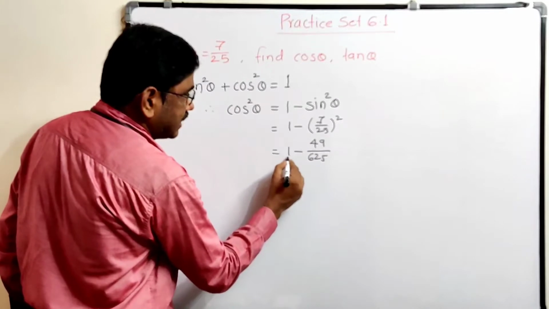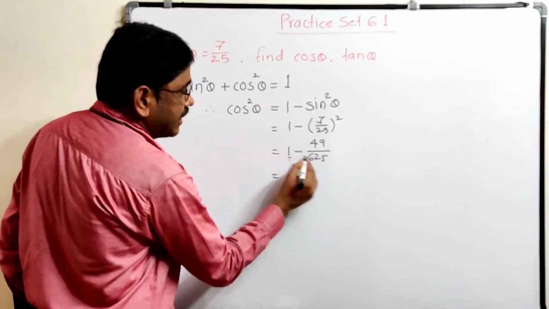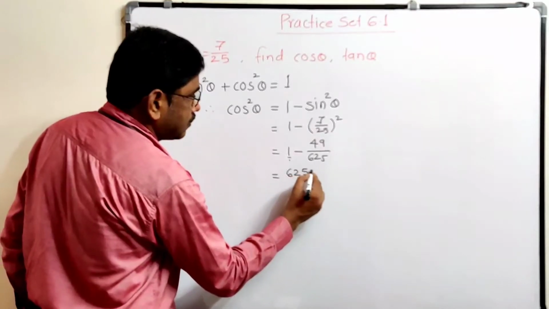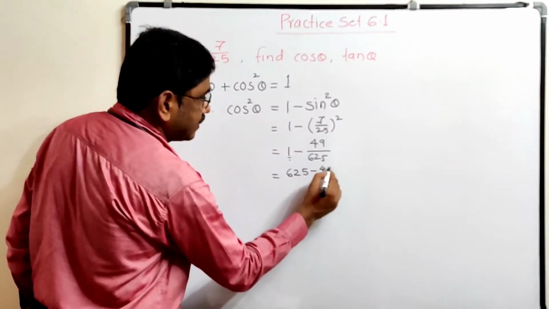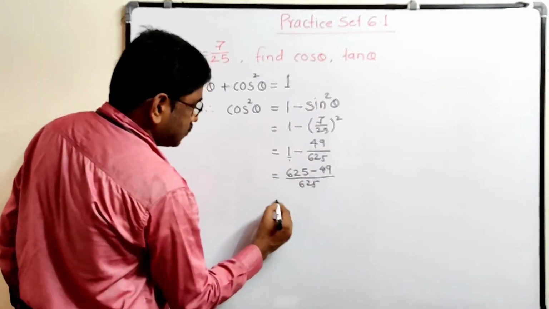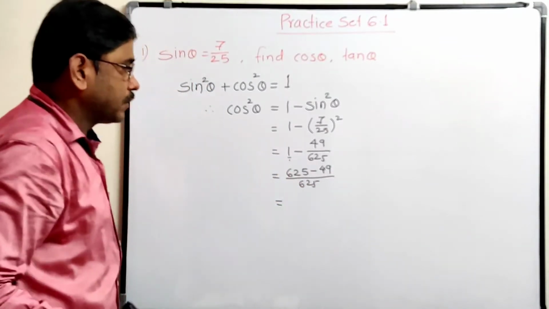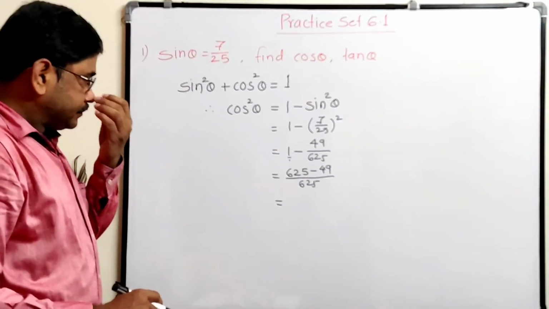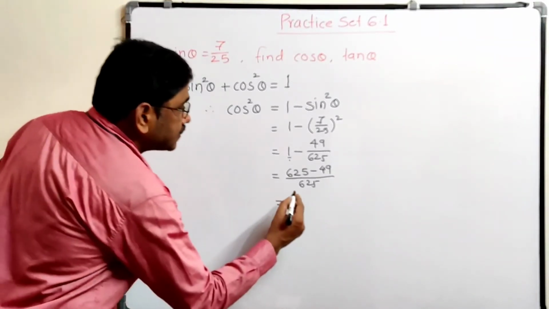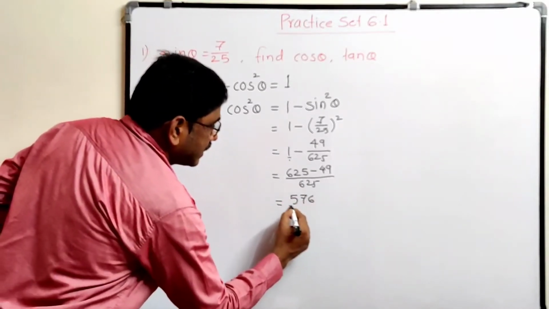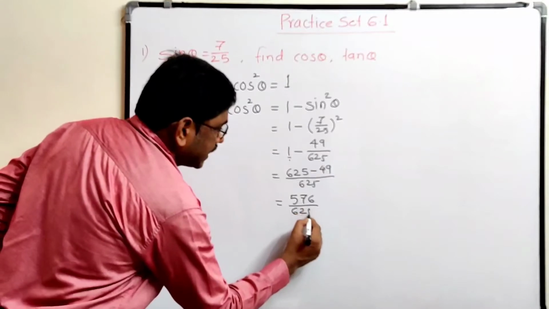So by cross multiplication, 1 into 625, 625 minus this 49 and divided by this 625. So 625 minus 49, how much will it be? 576 divided by 625.